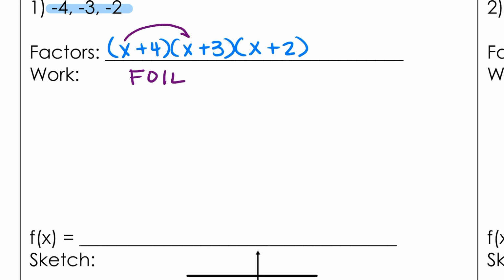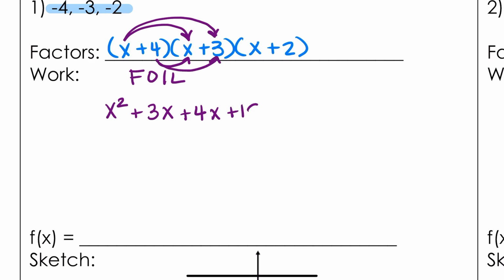So FOIL says first terms, x times x is x squared. Outside would be x times 3, 3x. Inside is 4 times x, 4x. And last is 4 times 3, positive 12.